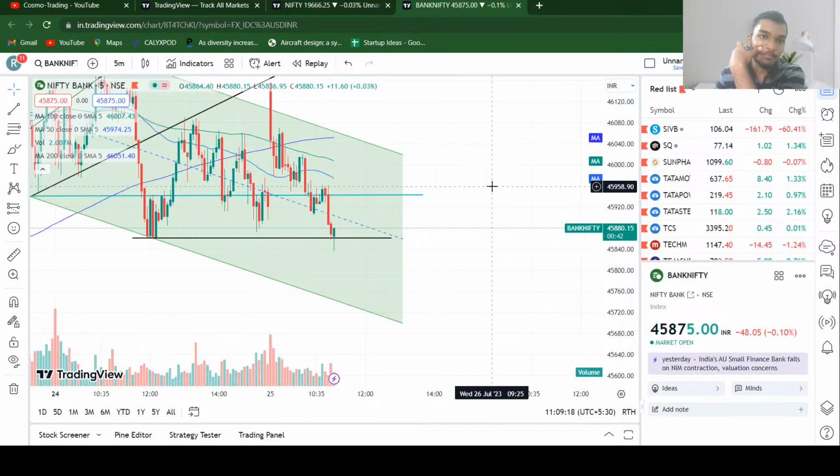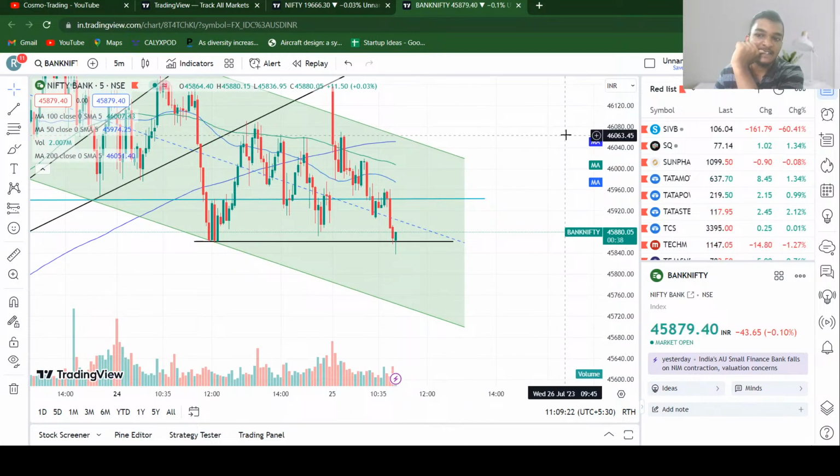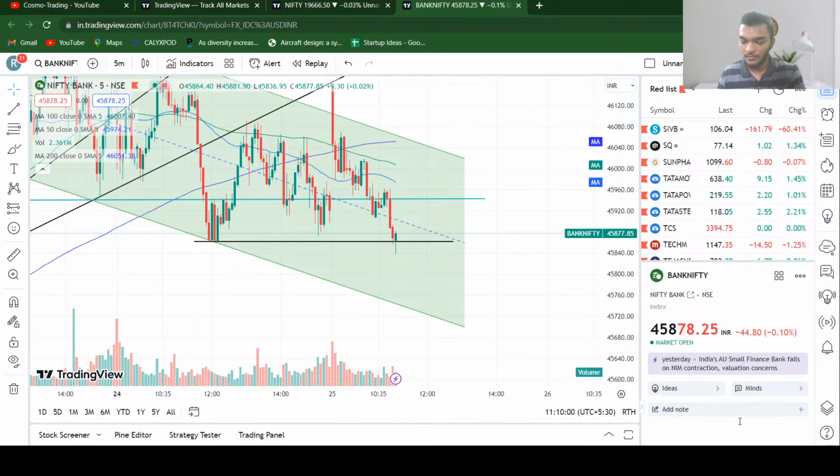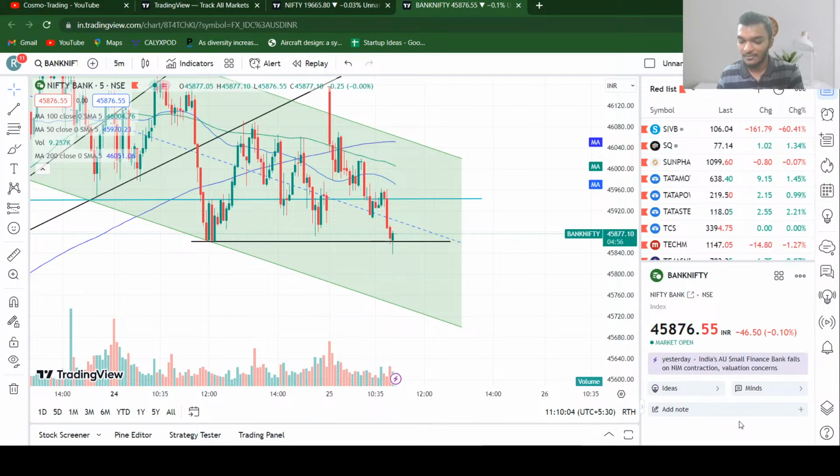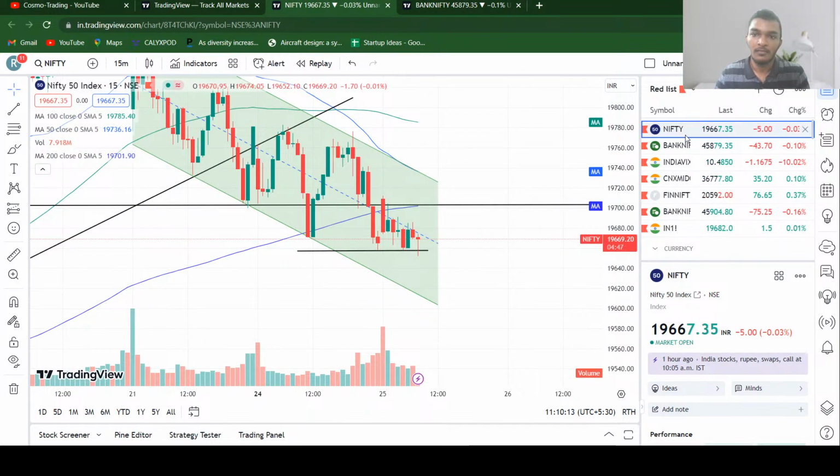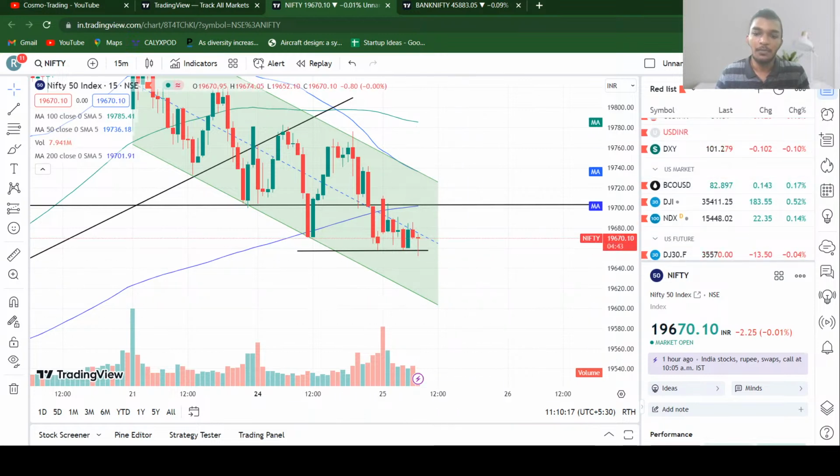I have not entered the trade either. And even the Nifty hasn't breached yet on the downside.